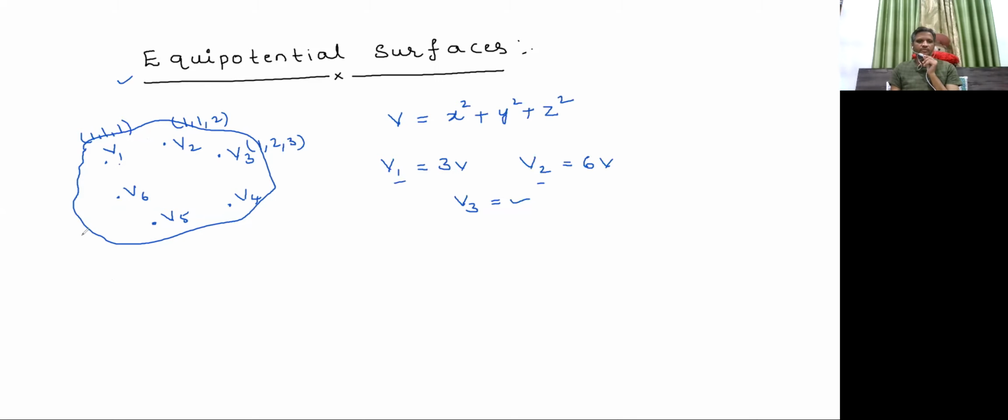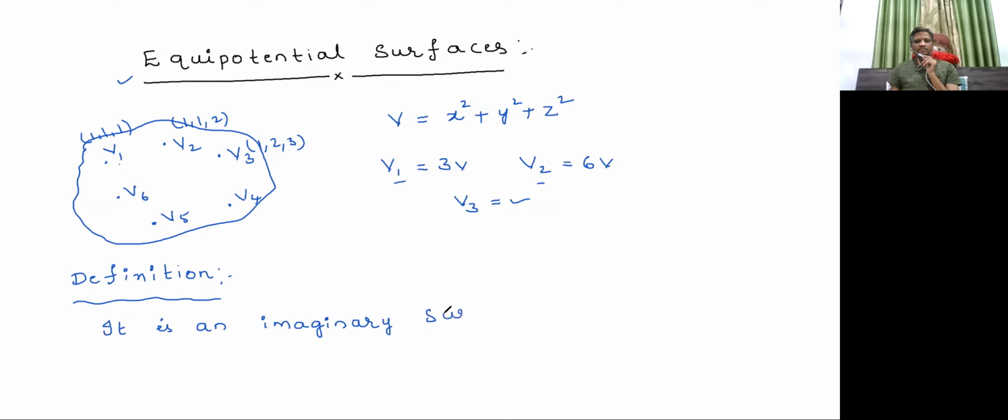But let us first define what an equipotential surface is. As it is generally not possible in real, we can call it an imaginary surface. The equipotential surface is an imaginary surface in which the potential everywhere is the same, because equipotential itself indicates the potential everywhere is the same.